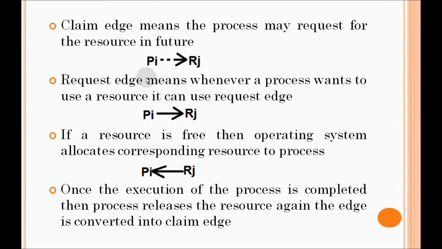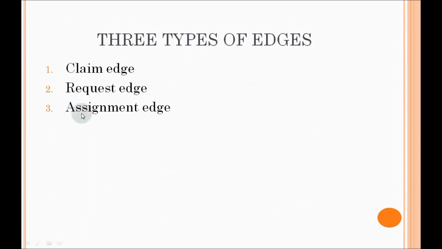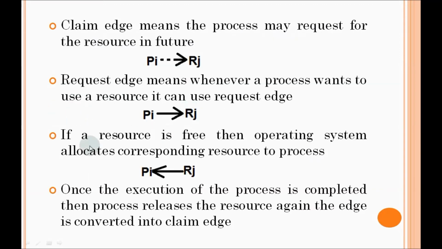Now, what is the assignment edge? Assignment edge means, suppose a process requests a resource using a request edge, and if the resource is free, then the operating system allocates the corresponding resource to the process. It is going to assign the resource to the particular process. If it is free, then I can call it an assignment edge.